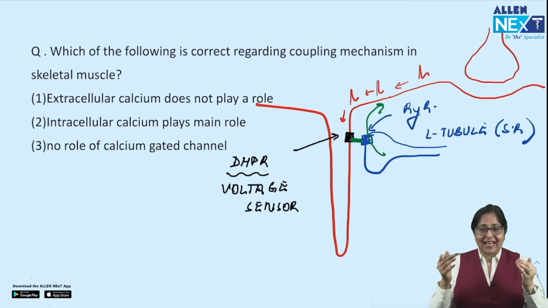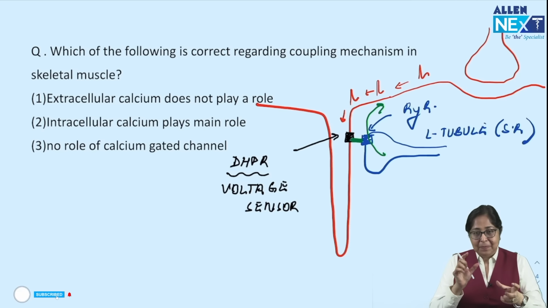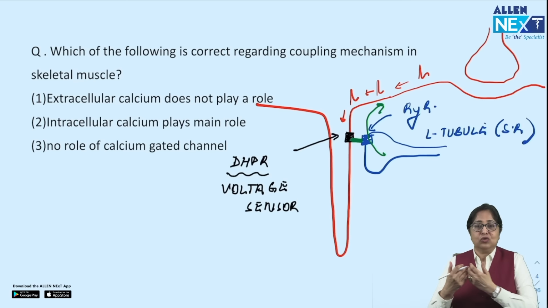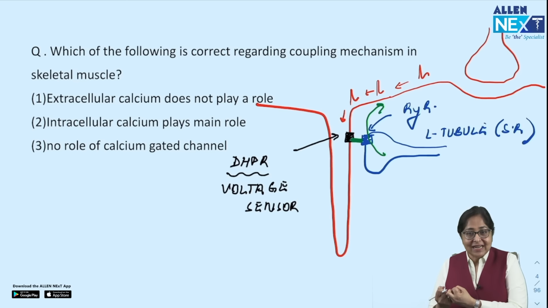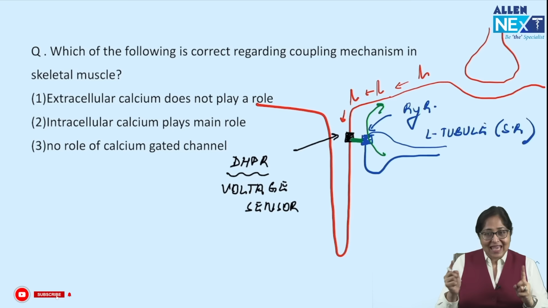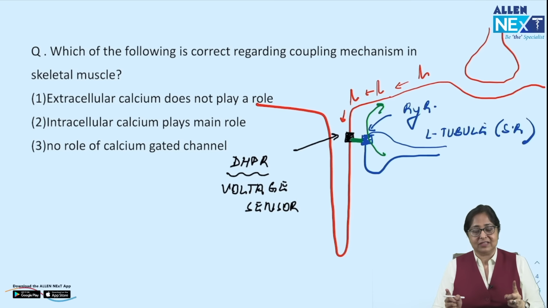This is called excitation-contraction coupling. The electrical activity, the action potential, is going to be converted into contractile activity by the release of calcium.